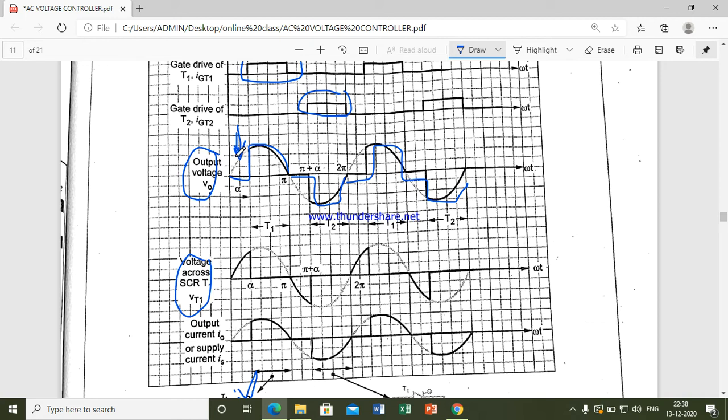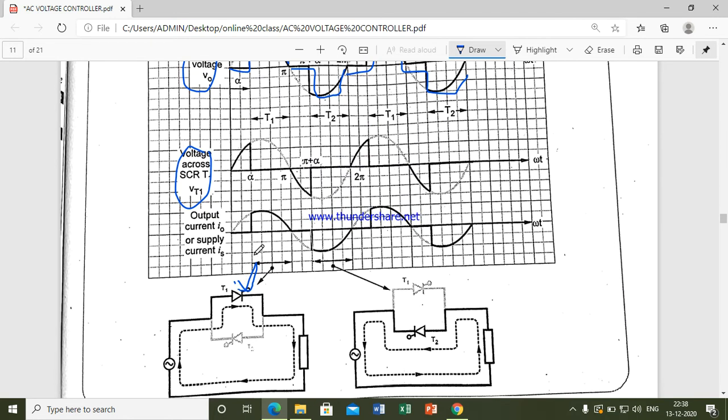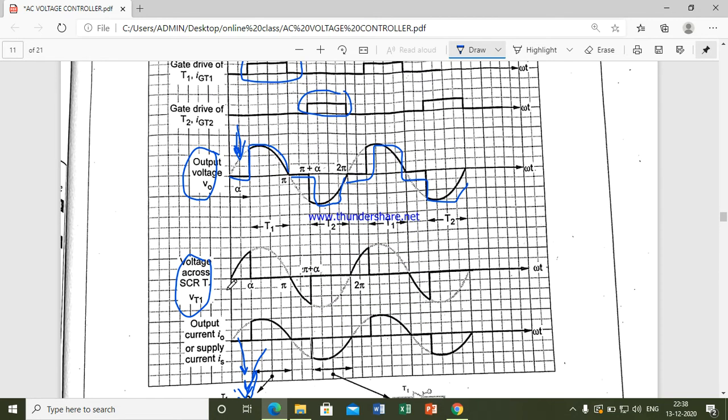In this period it is off, so whatever supply you connect across T1 will appear across T1. It conducts only in its own cycle, and in this cycle it will be off.